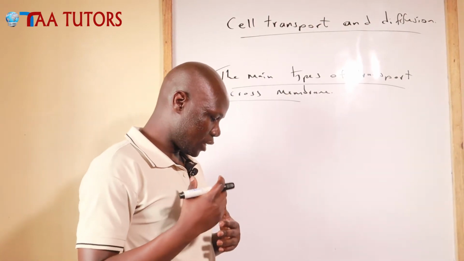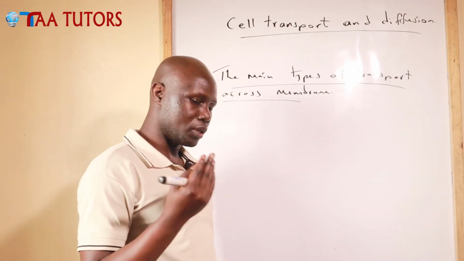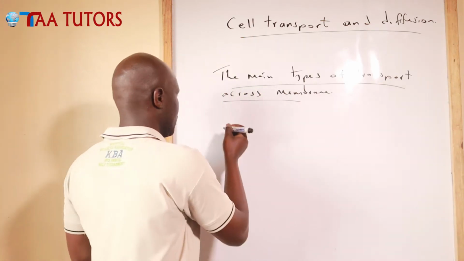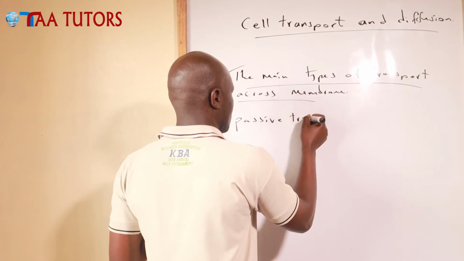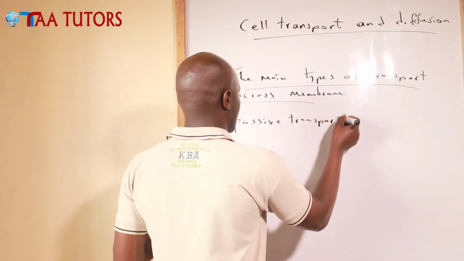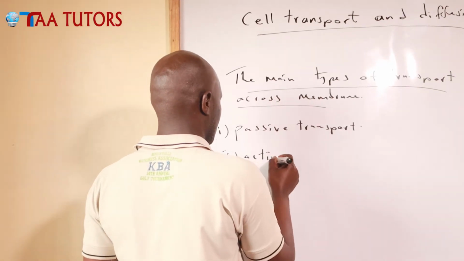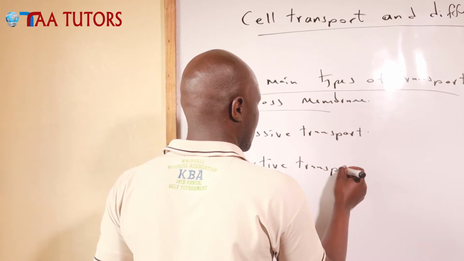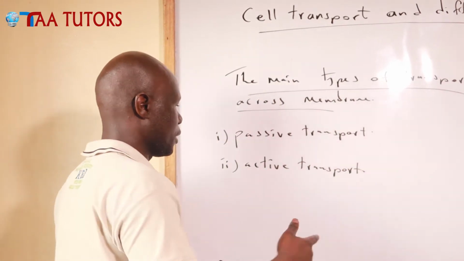This is done by different mechanisms. We can separate them into two mechanisms. The first one we can refer to as passive transport, and the next one is active transport. These are the two mechanisms that help in the movement of particles across the membrane.